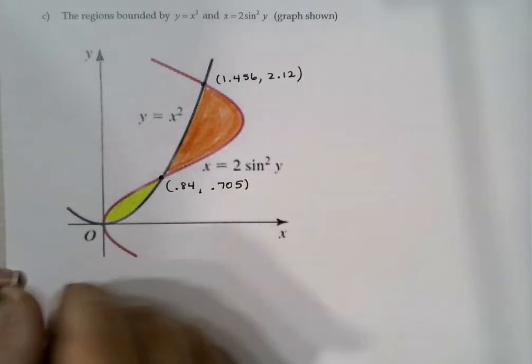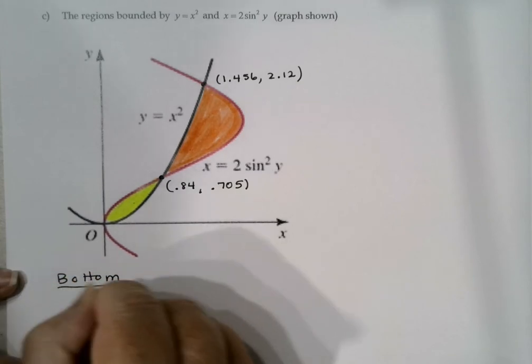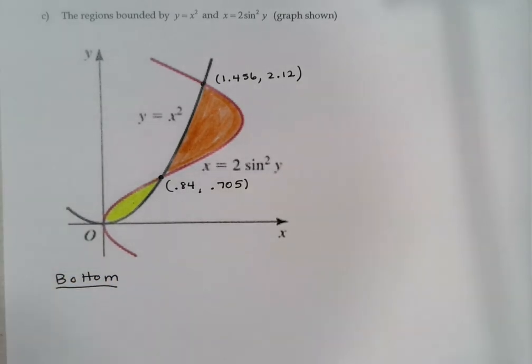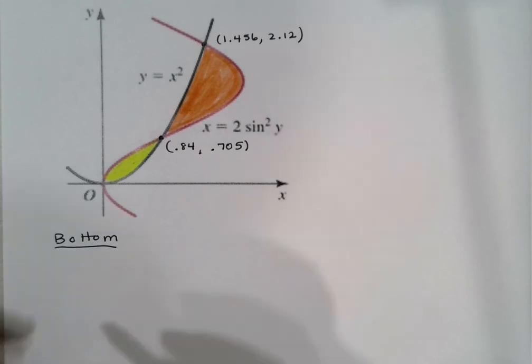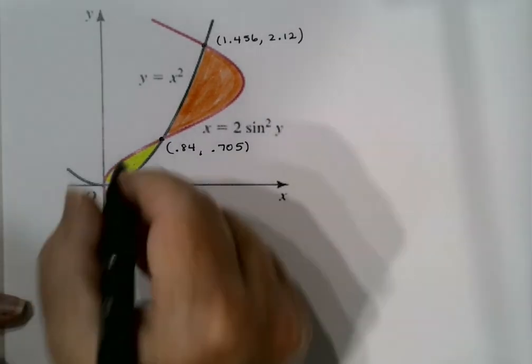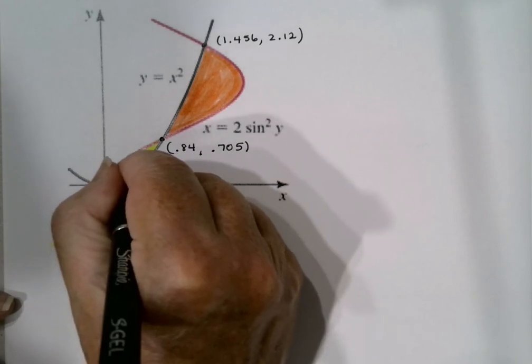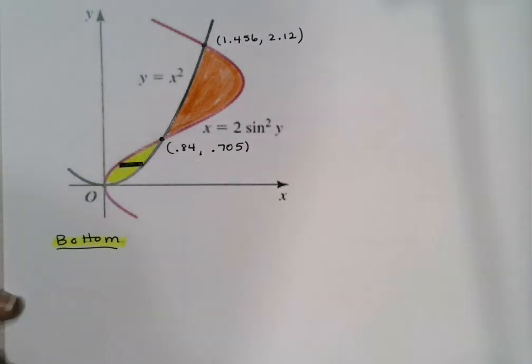I'm going to do the bottom one first this time. So we're going to go horizontal. There's my representative rectangle.